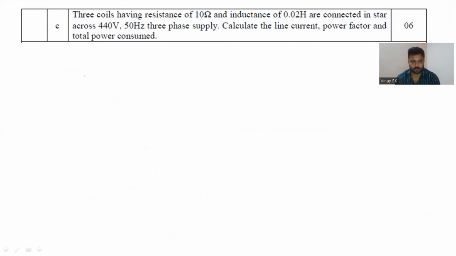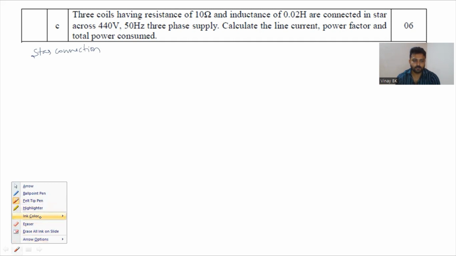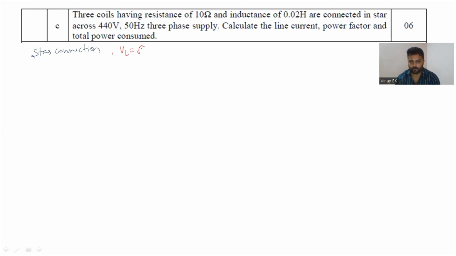You just see what they asked here. It is nothing but star connection. What is the relationship between line voltage and phase voltage? In case of star connection, VL equals root 3 times VPH, and IL equals IPH.